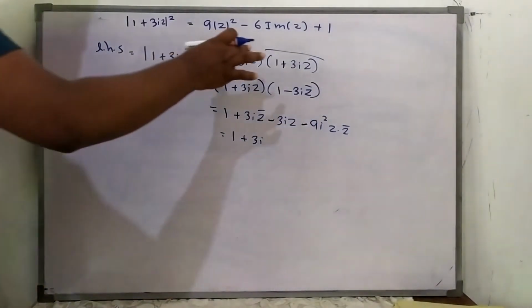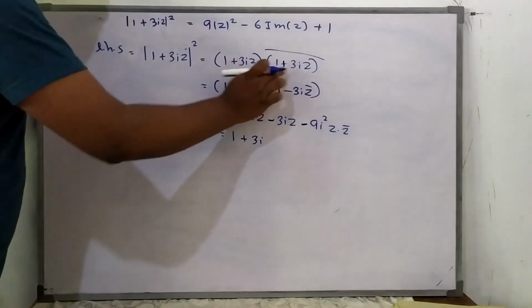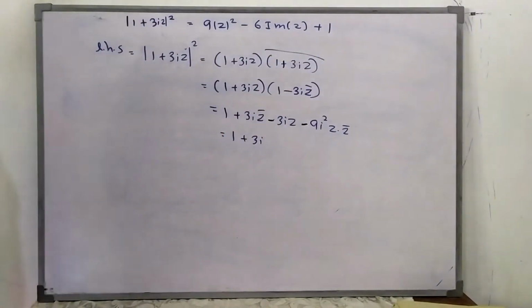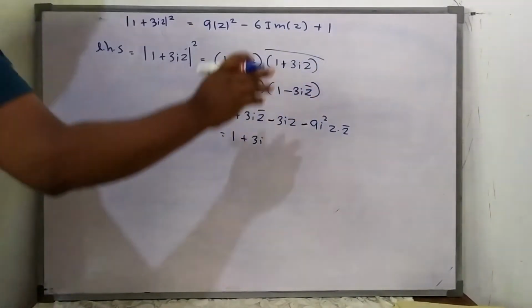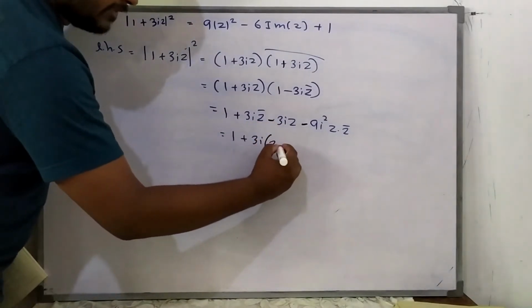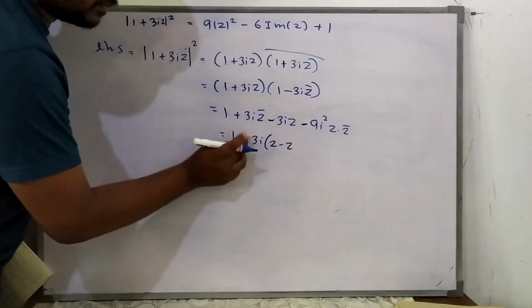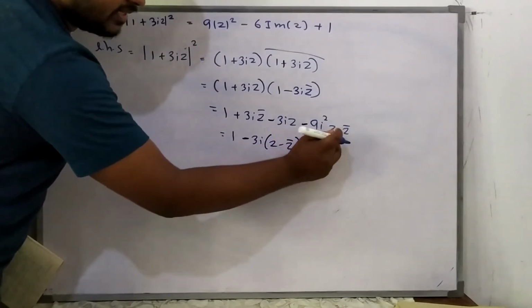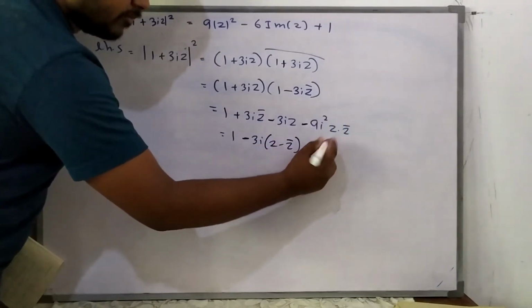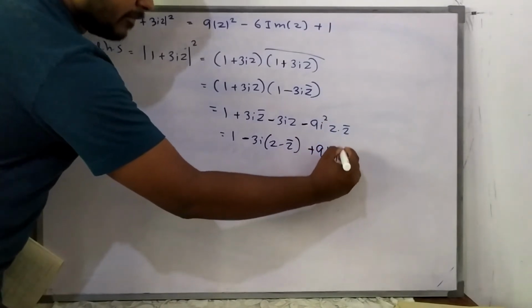So because this is z and z bar, no, we have no chance to change the sign of that, right? So this is z, this is z bar, only z bar, z minus z bar. So actually we can take minus out, and over here this is modulus z, no, then plus 9 z, yeah, right?